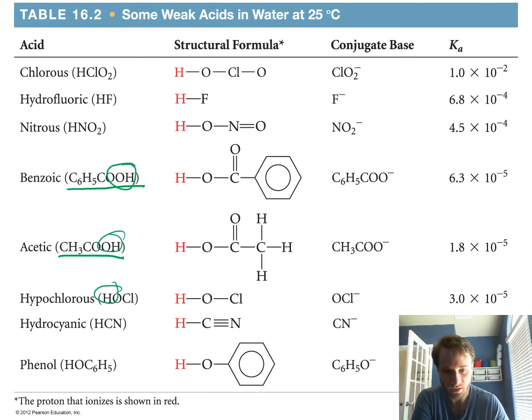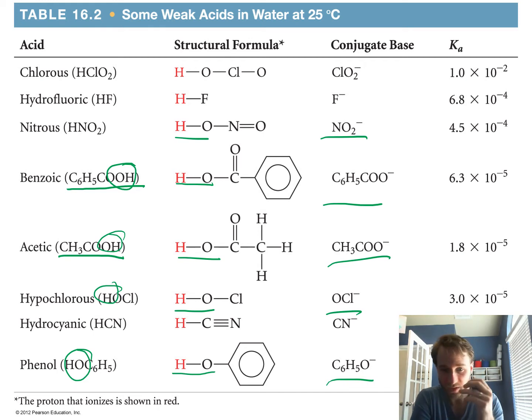That indicates the hydrogen is bonded to an oxygen, which is good, because the hydrogen can then break apart to form the conjugate bases listed here. But keep in mind that the OH itself is not going to break apart.